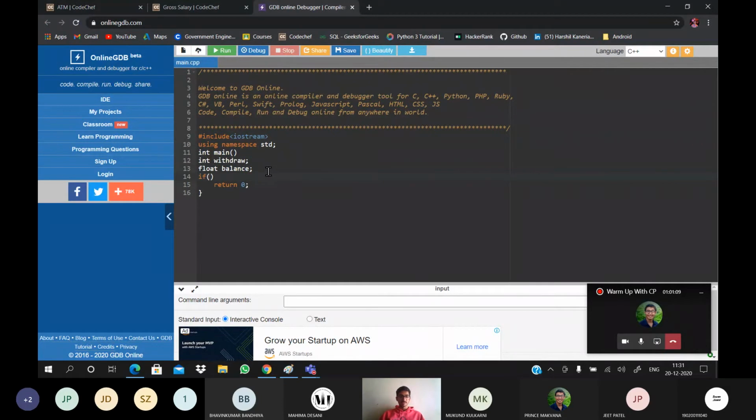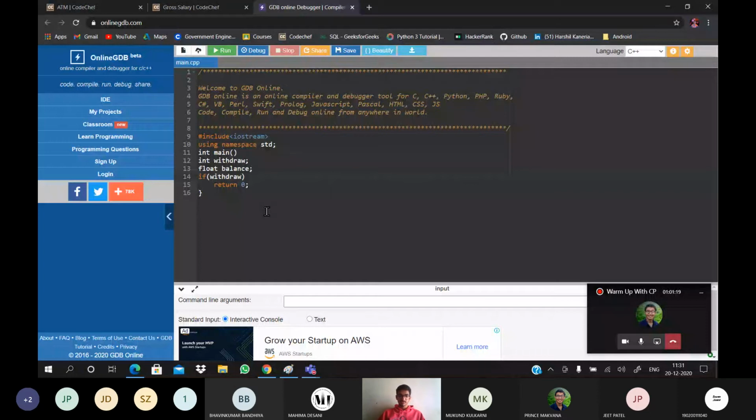Let us put a condition. If the withdrawal amount which Pooja wants to withdraw is divisible by 5, and the withdrawal amount should be less than the main balance minus 0.5. This is a bank charge, 0.5 is a bank charge.